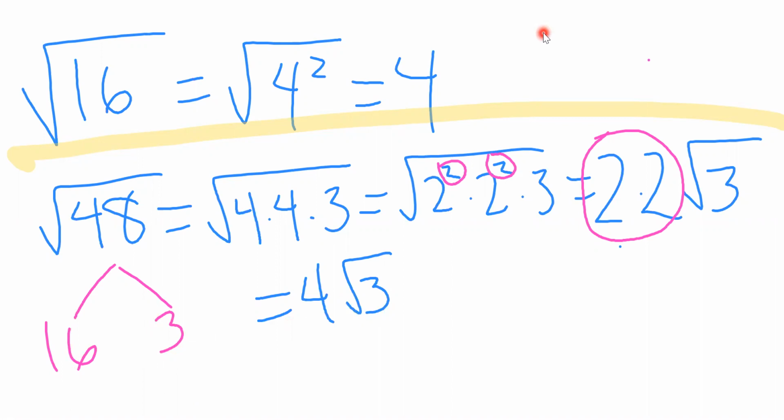Let me go ahead and do one more actually. You might remember that we had some times where there was already a number out front. What if you had something like this? If you have something like this, you'd factor it.